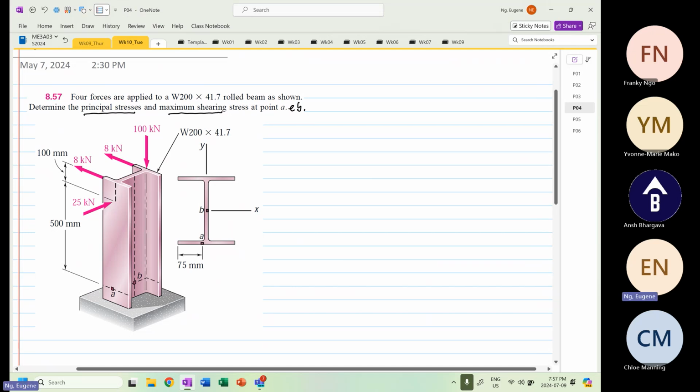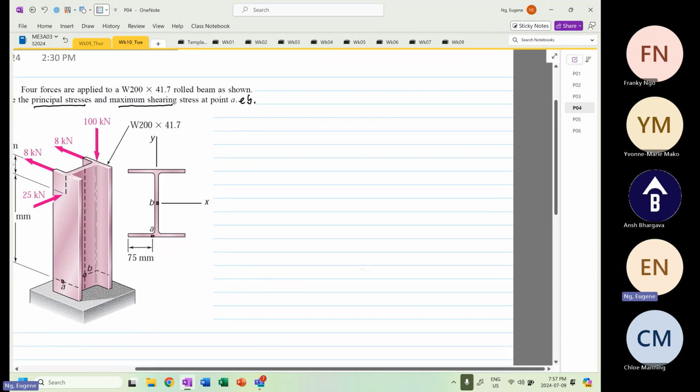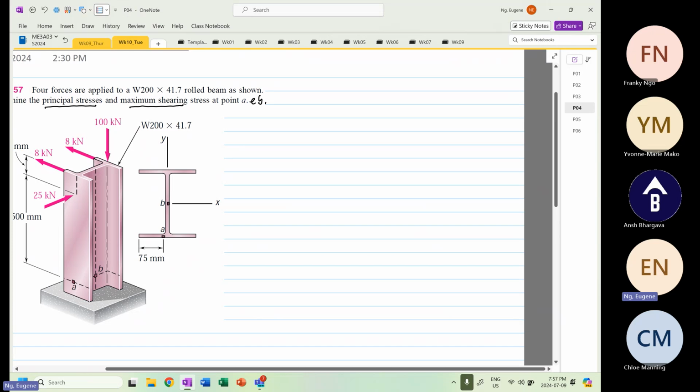Now let's look at some theories first. Let's look at what formula we are going to use. So we know how to calculate the normal stresses. We are going to calculate the normal stress in the z direction.